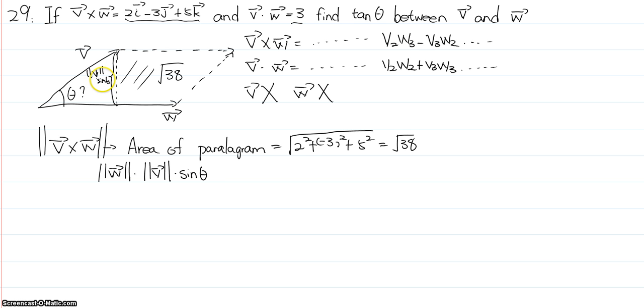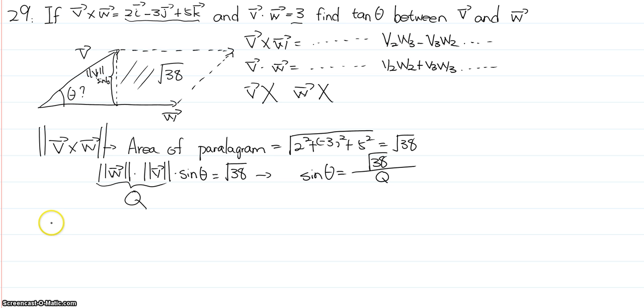So this gives me square root of 38. Now I rewrite this as sine theta equals square root of 38 over the product of the magnitudes. Let's just call that product Q, because these two are magnitudes. So sine theta is square root of 38 over Q.